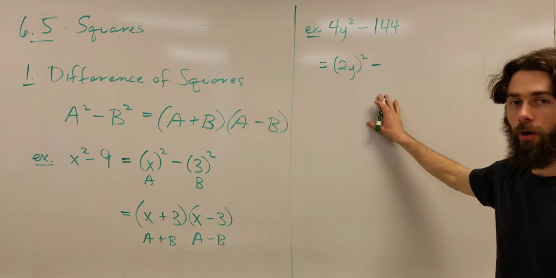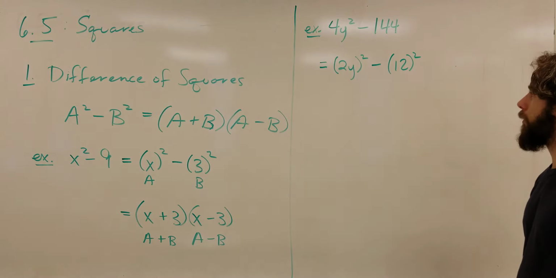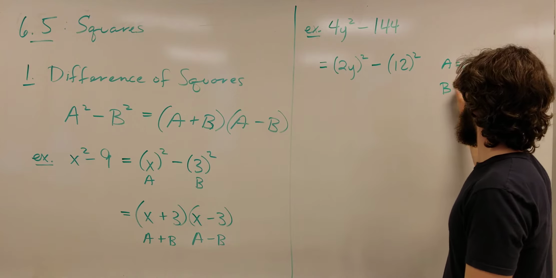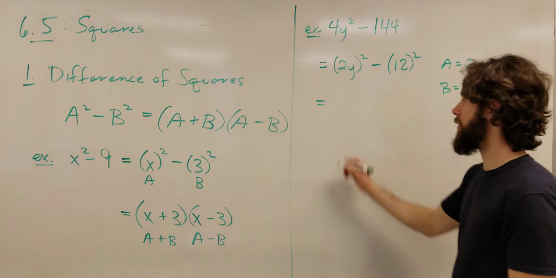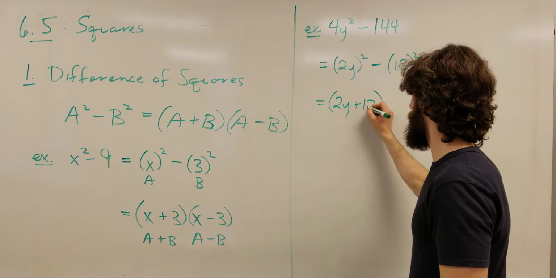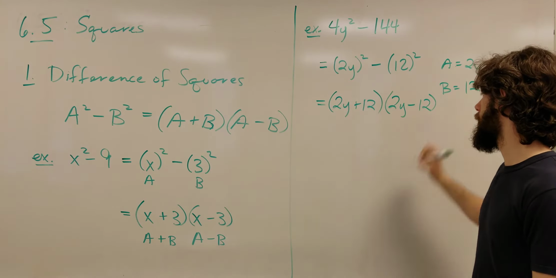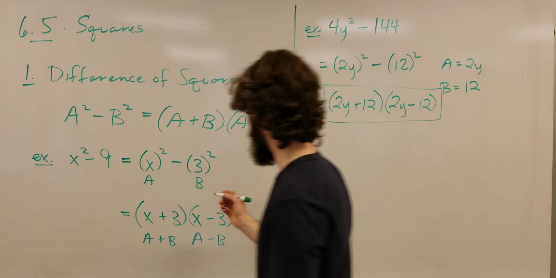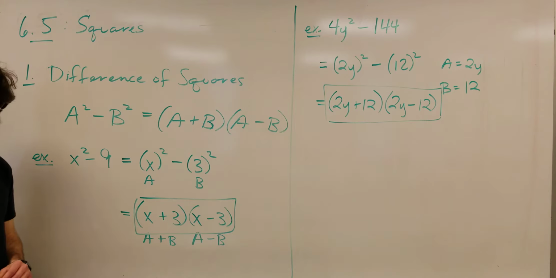And then 144, that is 12 squared. So then a will be the 2y, b will be the 12. So then we can factor this out as a plus b, that's 2y plus 12, a minus b is 2y minus 12. So that's the difference of squares factorization.